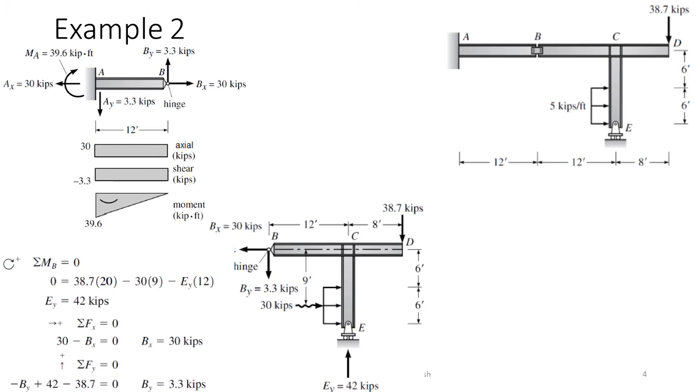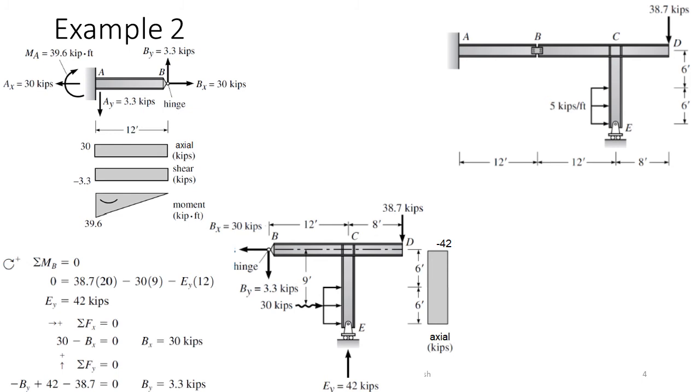Meanwhile, the moment at B must be zero, because B is an intermediate hinge. And if we take a section at A and look at the moment, this is equal exactly to the moment reaction, which is 39.6 kip feet. And again, we draw the positive side down, because we always draw towards the side of the curvature.